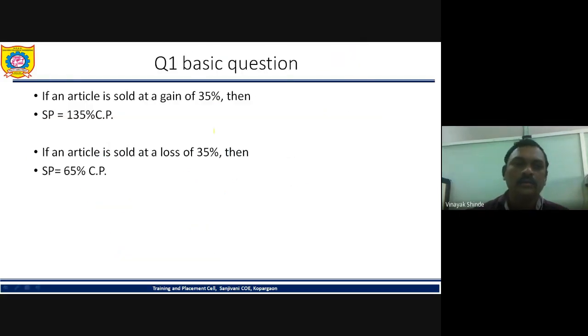Now let us start with some basic questions. Question number 1. If an article is sold at a gain of 35%, then the selling price is 135% of cost price. How? What I told you is gain means profit. The basic formula, the trick we can say, is cost price divided by 100, because we always consider cost price as 100, is equal to selling price divided by 100 plus or minus profit or loss.